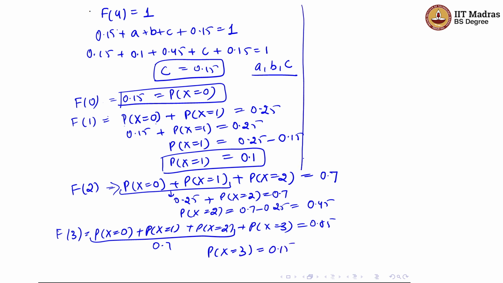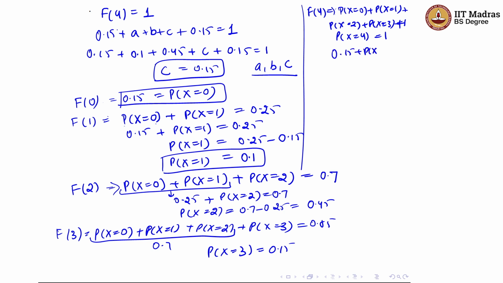Similarly, we can find the value for F4, which is the sum of the probabilities of x equals 0, 1, 2, 3 and 4, and this whole is equal to 1. We know the first four add up to 0.85, so 0.85 plus the probability of x equals 4 equals 1, so the probability of x equals 4 is 0.15.